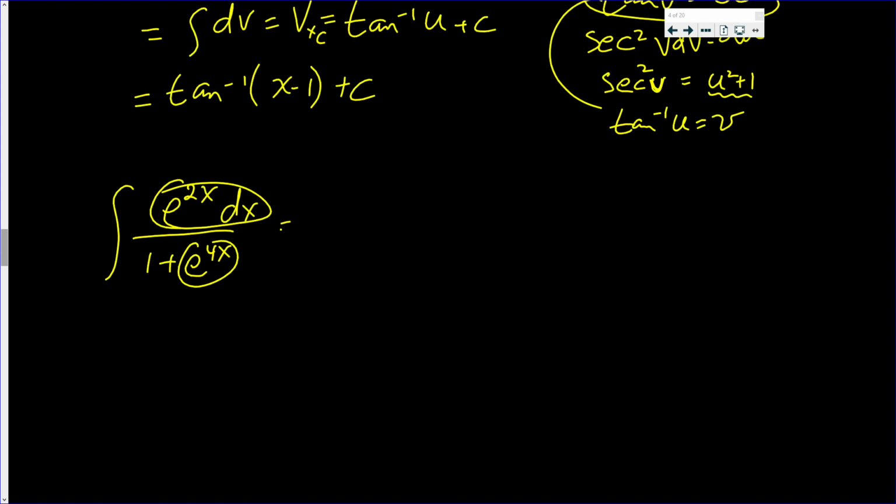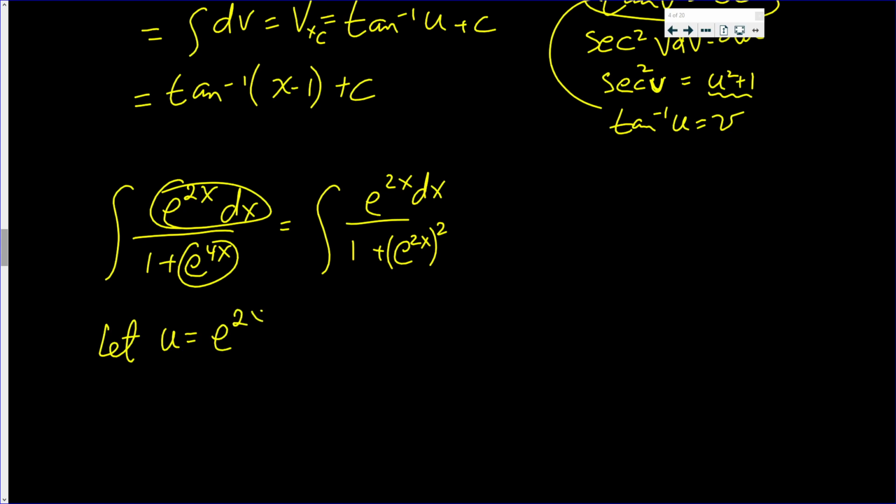And then you think, well, you know what? The bottom is 1 squared plus e to the 2x squared. And let's see what happens if we let u equal e to the 2x.